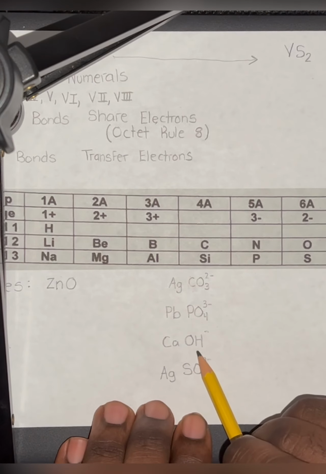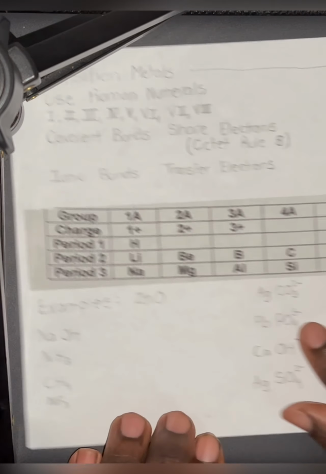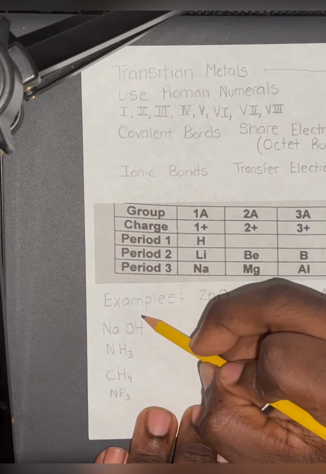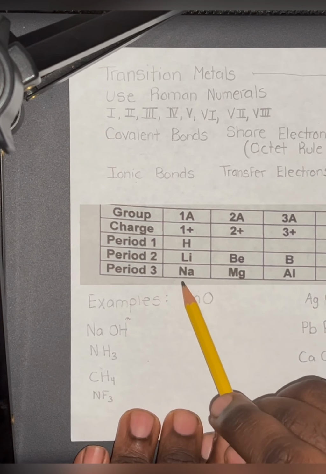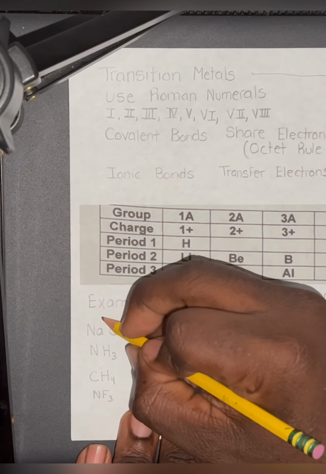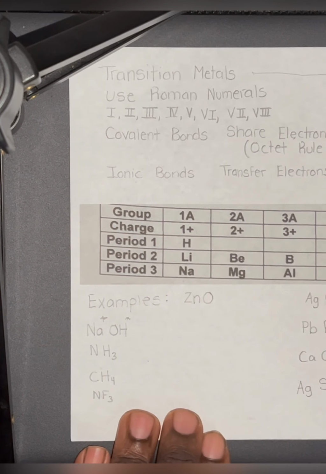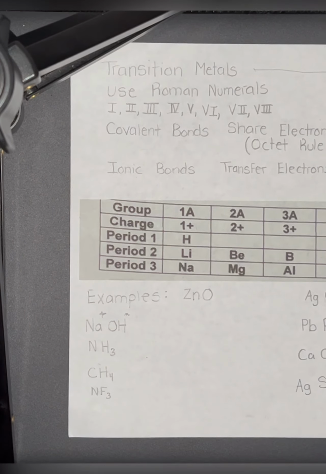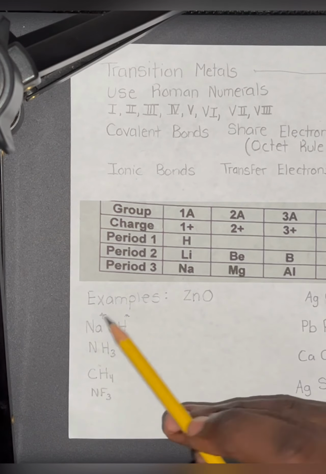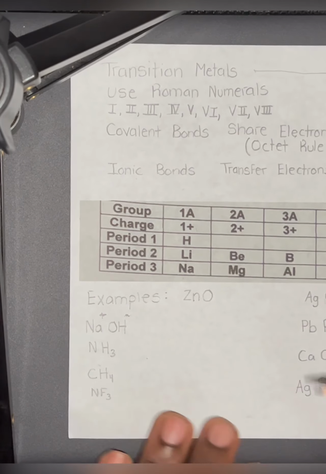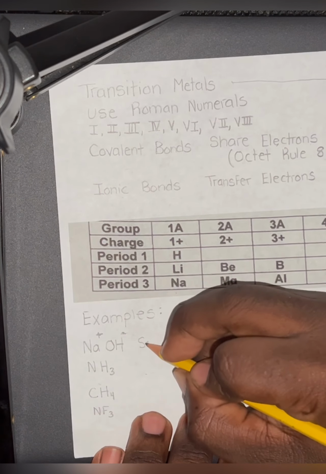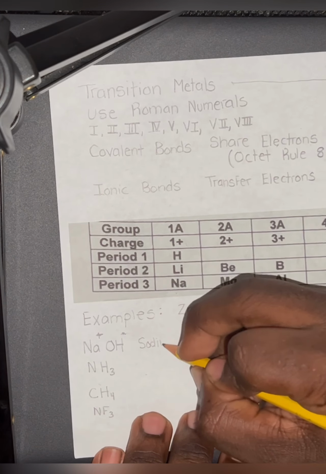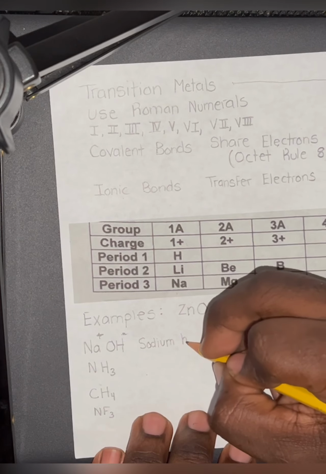Since I know that OH has a minus charge, I can come back over here and put minus. You see right here in group 1A, Na has a 1+ charge, so I can just put plus. And really that's it, because the plus and the minus balance out to 0. So this would be sodium hydroxide.